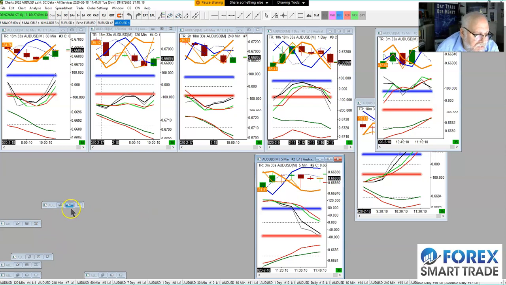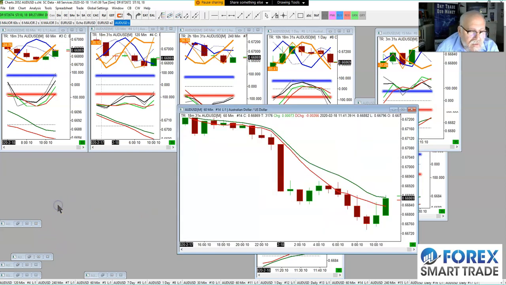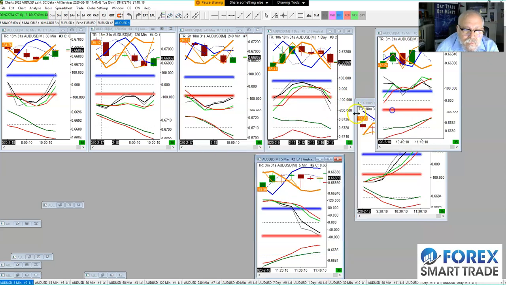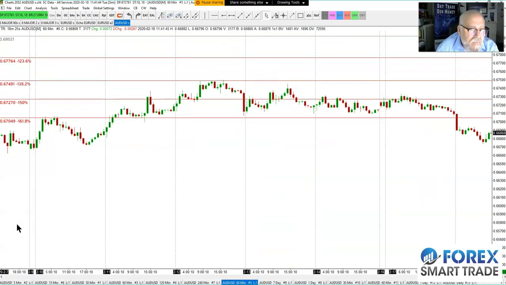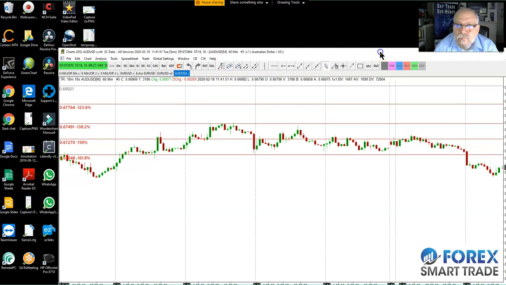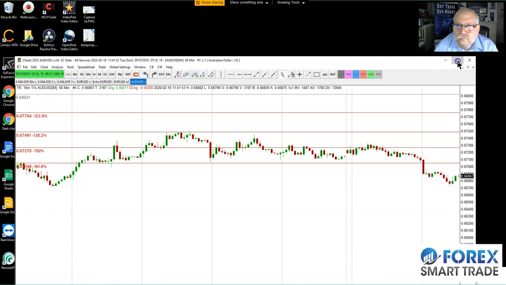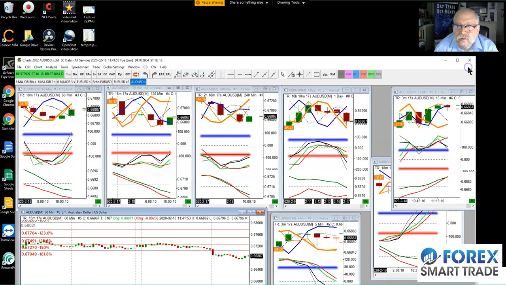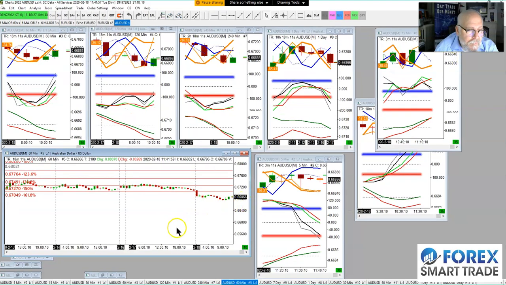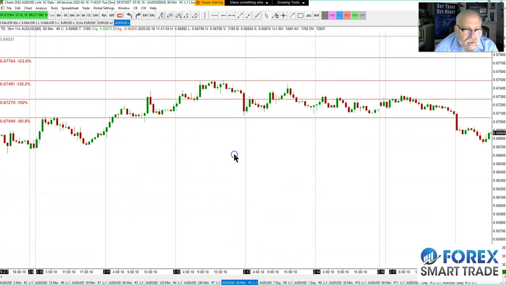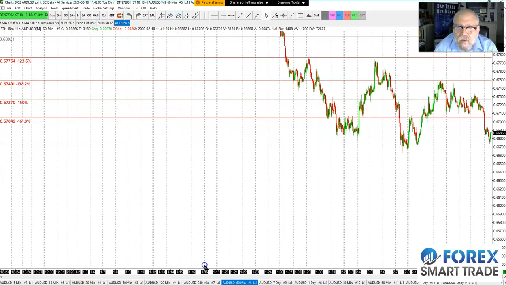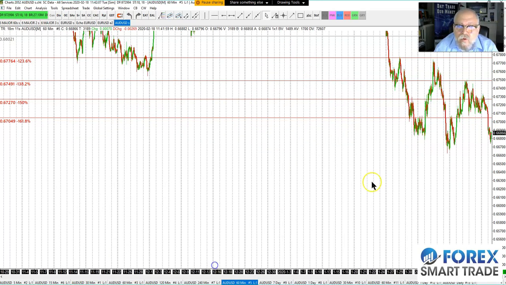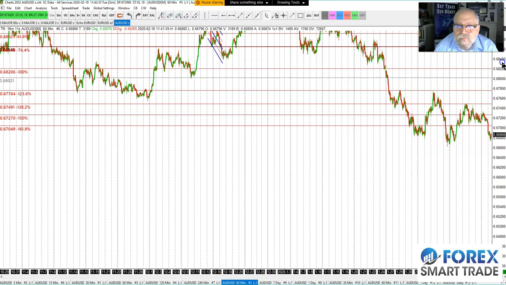And let's take a look. All right, this is what I want. There we go. So I want to know how the price has been moving. And I want to add a little support and resistance to what we have here.